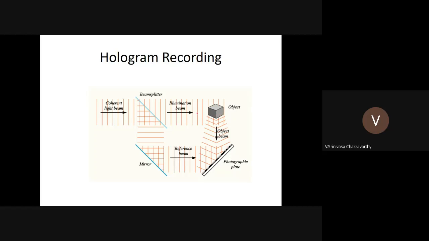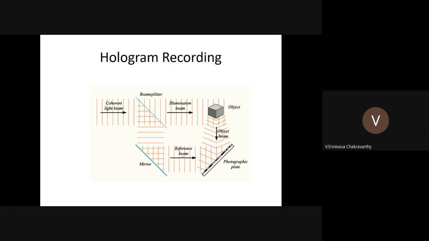So these waves bounce off the object and go to one side. The thing about these reflected waves is that their phase is distorted by the shape of the object. Whereas you have another beam which is just reflected by the beam splitter once, and then you have a mirror on the other side, and again these waves are reflected.